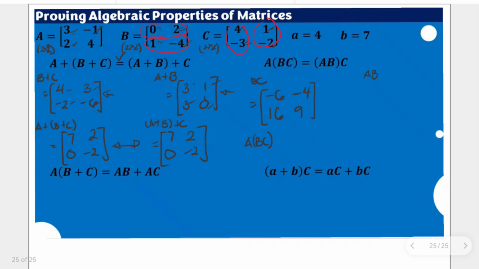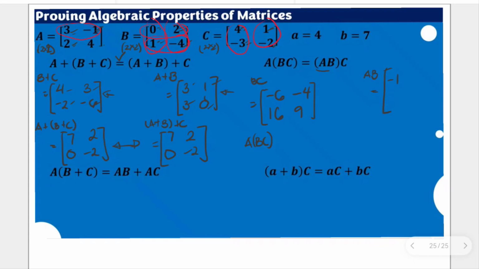So let's start with AB first in this area. Same thing, but it's the row now of A against the column of B. 3 times 0 is 0. Negative 1 times 1 is negative 1. Next, the same row to this column here. So 3 times 2 is 6.